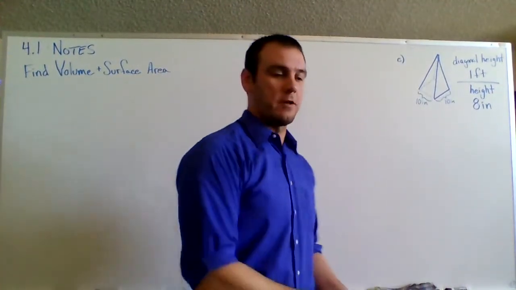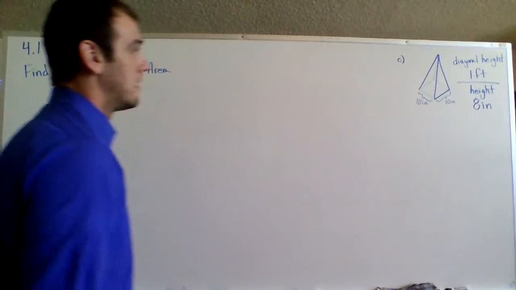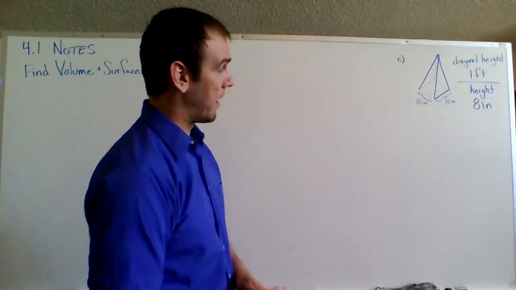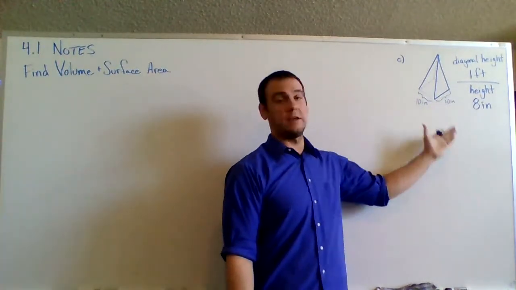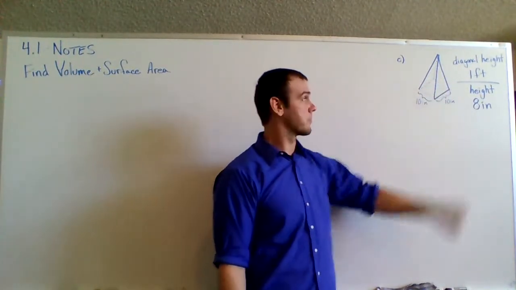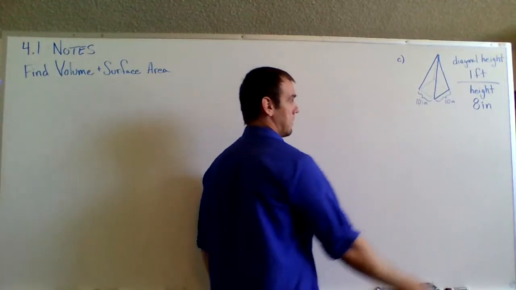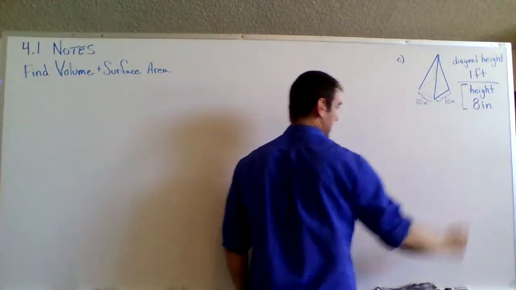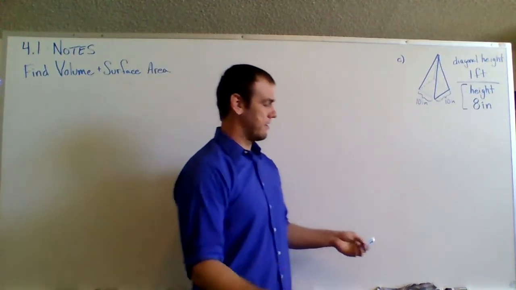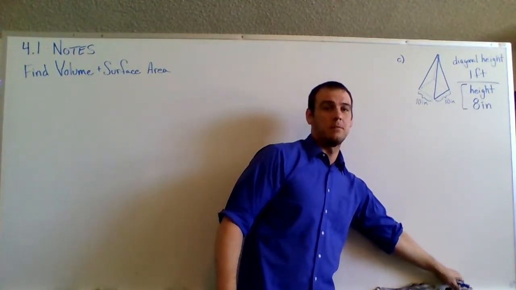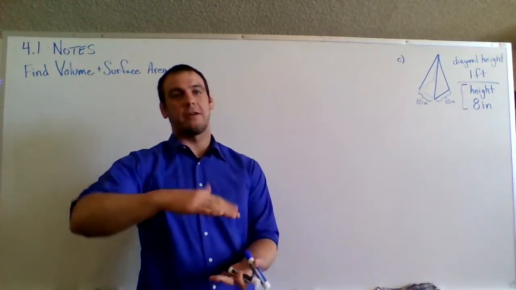Alright, so let's talk about this pyramid looking thing. So volume isn't going to be too bad. Volume is going to be 1/3 base times width times height. So for our height, we want to use the actual height here, which is 8 inches. Now on the pyramid, when I give you a diagonal height versus a height, imagine this thing being 3-dimensional.